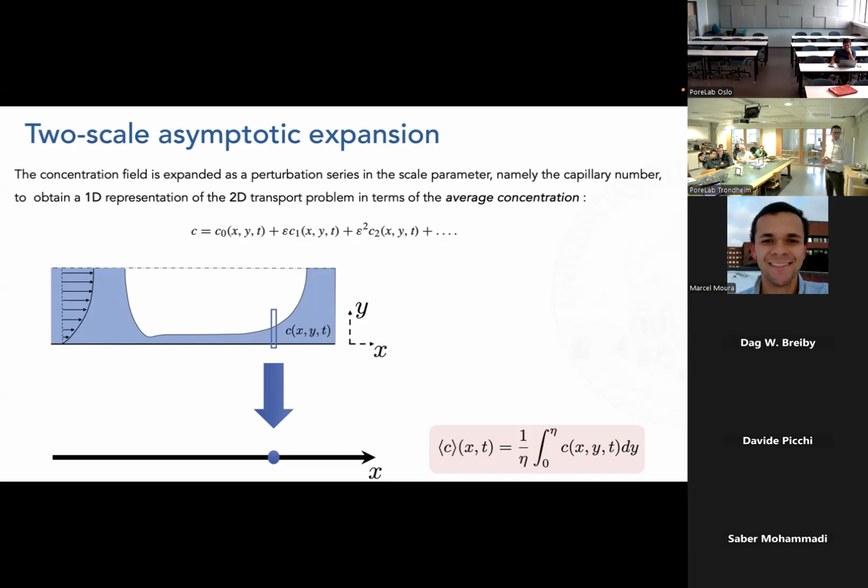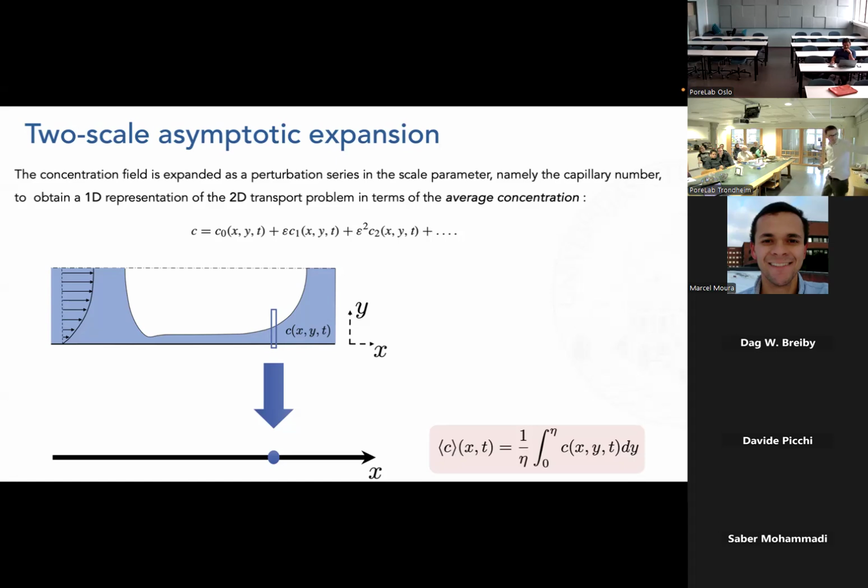But the problem is that we cannot just average the result in the y direction. What we want to do is to really obtain a conservation law for the average concentration. This is actually the same approach of the classical Aris-Taylor theory. And the way we can do it is, we just take the dimensionless equation I was showing before.